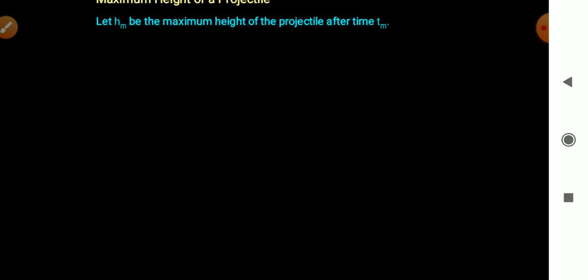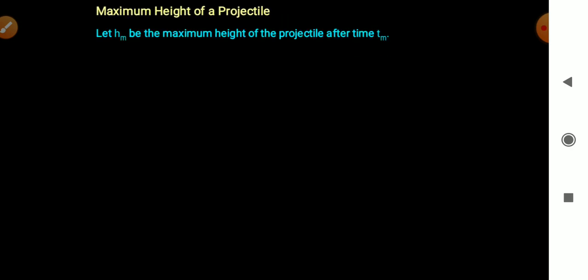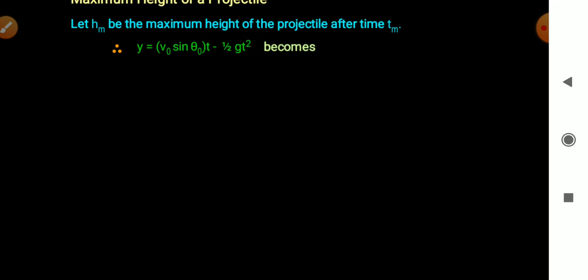Now let's talk about maximum height of the projectile. Maximum height, the maximum upward distance covered by an object during its flight, is known as the maximum height of the projectile, right? Here H be the maximum height of the projectile after time tm.